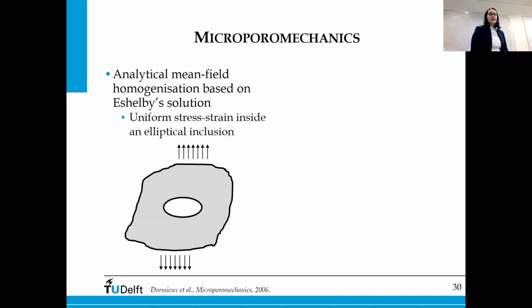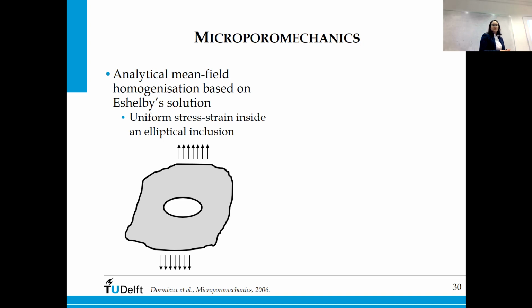Micropore mechanics theory is based on two pillars. One pillar is the use of analytical mean field homogenization techniques. This technique is basically based on the Eshelby solution. Eshelby found that if you have an elliptical inclusion in a body, then the stress state inside it is uniform.